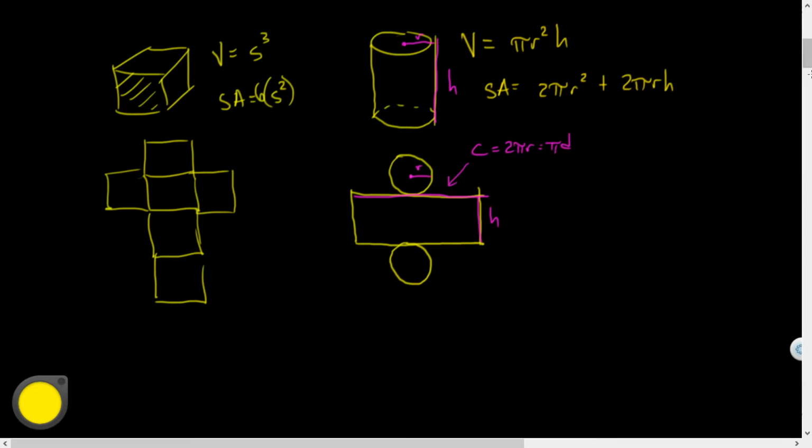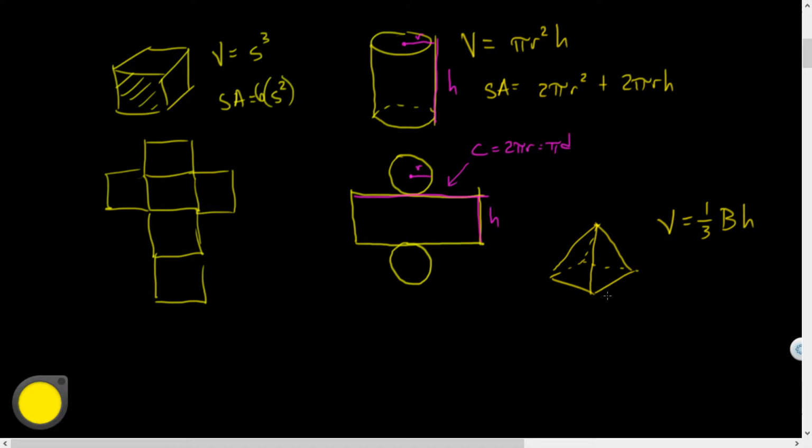I'm definitely giving you more than you had space for, so sorry. Let's see if I can talk about a pyramid for a moment. We know that the volume of a pyramid is 1/3 the base times the height, whatever that base would be.